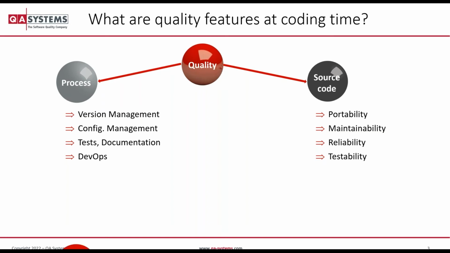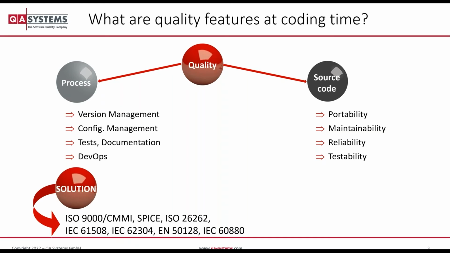Now, for the process, there are a lot of solutions, all process-based, starting from ISO 9000, CMMI, SPICE. Also, the newer safety standards are mostly focusing on the process, and only parts of them look a little bit at the source code.